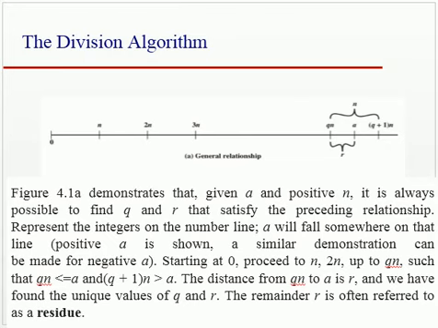Here qn is less than or equal to a, and (q plus 1)n is greater than a. The distance from qn to a is r, and we have found the unique values of q and r. The remainder r is often referred to as the residue in the division.